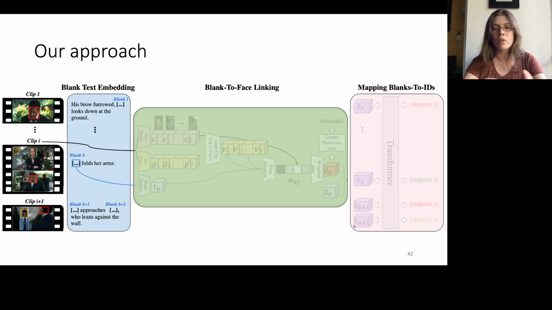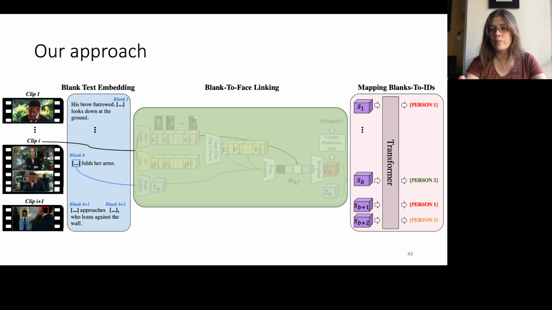So we want to describe each blank with a local representation S, and then feed these representations into a transformer model, which would then exploit their mutual relations to come up with the labeling. So that is our high-level idea in this work.